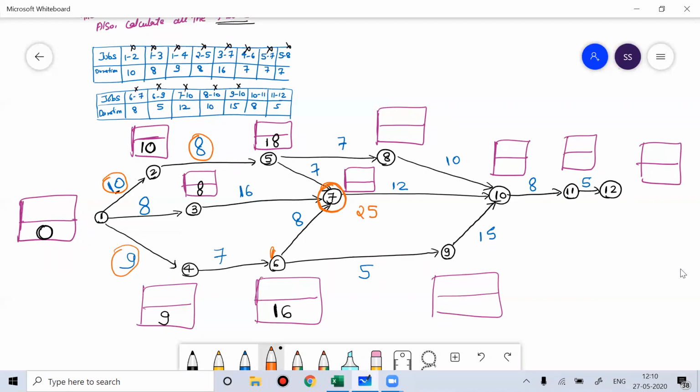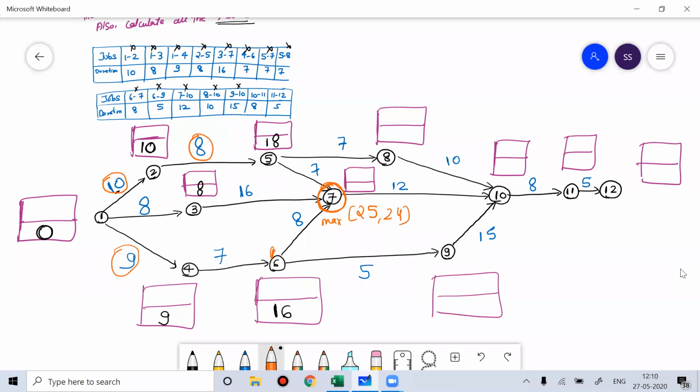Okay. And then 6 to 7, when does that get over? 16 plus 8, that will get over in 24 hours. So guys, you have to understand here that 2 things are getting over at node 7.